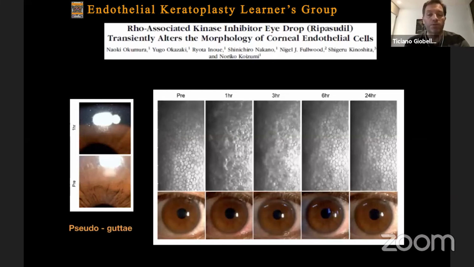It is very important for physicians who are starting to use these kinds of drugs to appreciate that ROCK inhibitors can cause these guttae-like findings, in order to avoid misdiagnosing patients as having Fuchs endothelial corneal dystrophy.